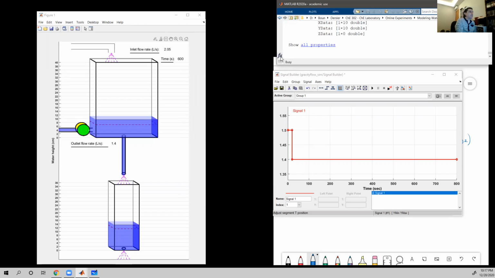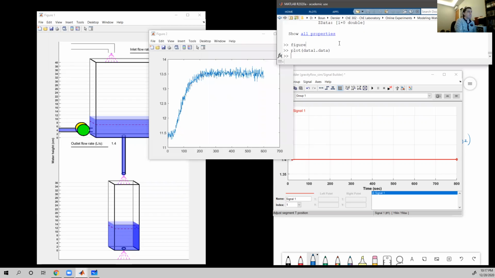Now, if we would like to see the output of the second tank again, this is going to be the output of the second tank. And if I show it on the same figure, I think I called this Y1.